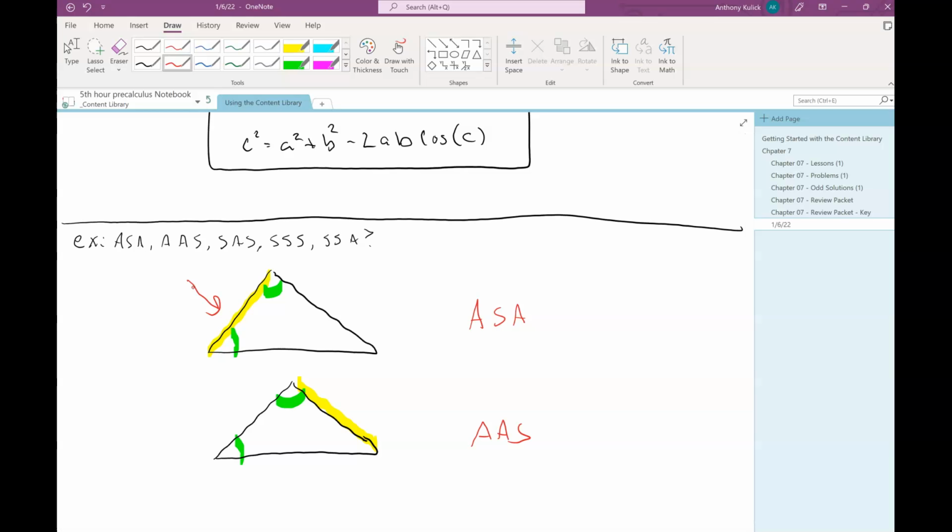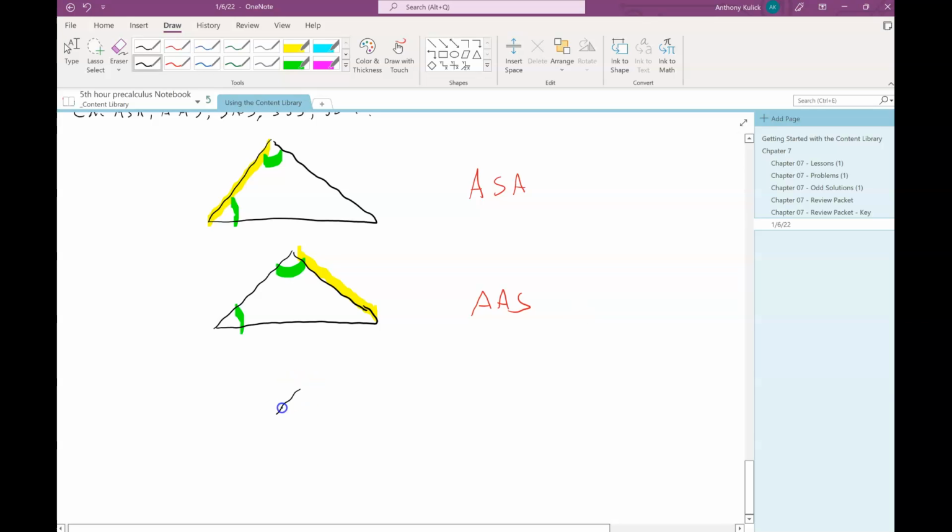In angle, angle, side, the side is part of only one of the given angles. You guys see the difference there? Yes? We're okay? Again, it's important that you're able to do this because this is the major way that we decide which one to use.